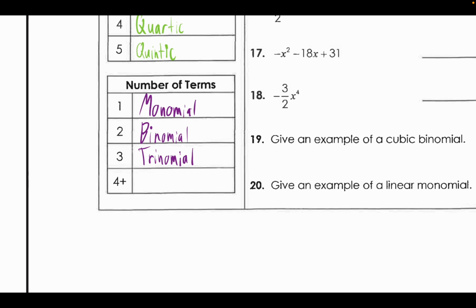And then 4 plus is just a blank-term polynomial. I leave that blank though, because you put whatever in that blank, however many terms that is. So let's say, for example, there's 5 terms. You call it a 5-term polynomial. If it's 20 terms, you call it a 20-term polynomial. So whatever number term polynomial that is.